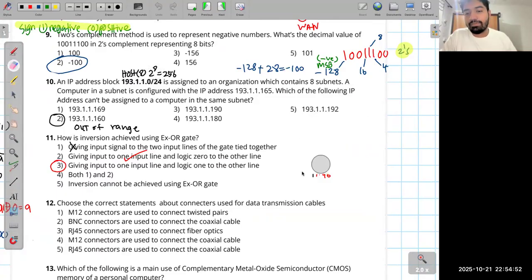Okay, this question, let's see. An IP block has 193.1.1.0 slash 24. The 24 is the network bits. If 24 is network bits, 8 will be the host bits. Do you agree with me?